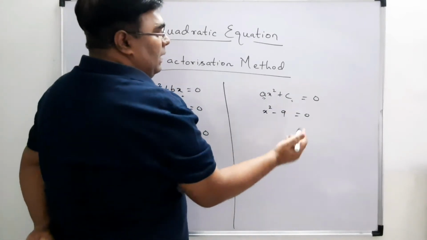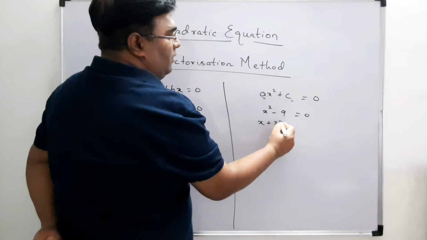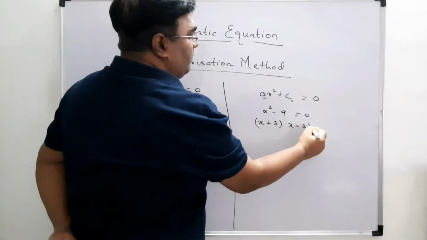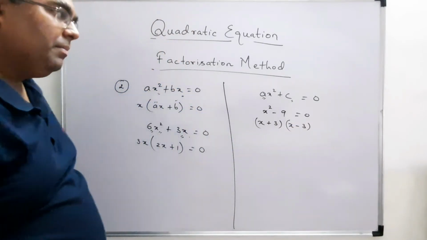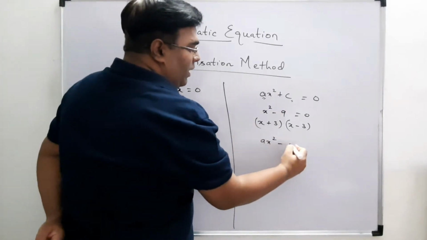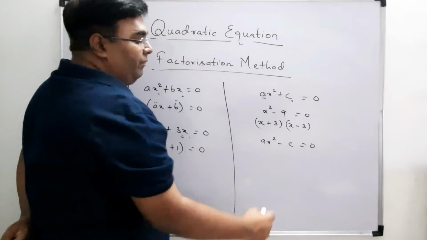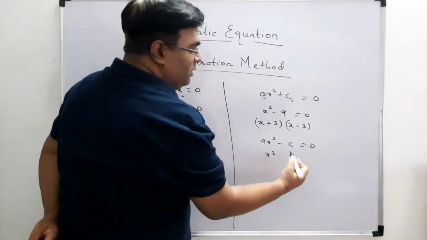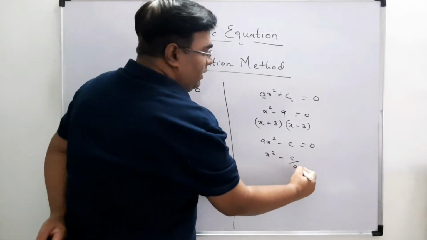So this can be factorized further into a plus b and a minus b. If I write this like ax square minus c is equal to 0, then your equation becomes x square minus c by a is equal to 0.